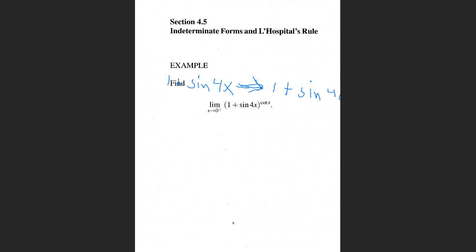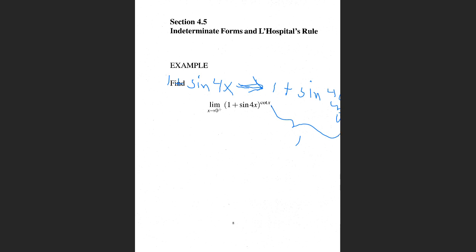And 4 times 0 is 0, and the sine of 0 is 0, so this means 1. So 1 plus the sine of 4x approaches 1 as x approaches 0.